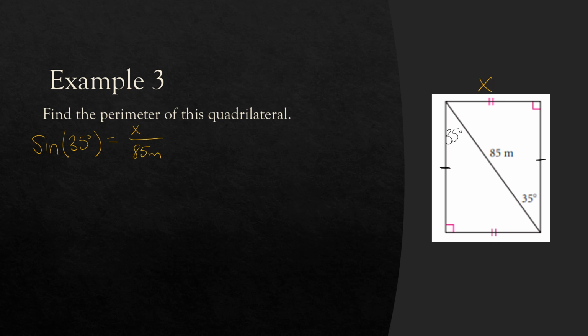So remember to set this up in our calculator, put in 85 meters times sine of 35 degrees, and we'll get what x is equal to. We'll say 48.75, and we can go ahead and label it in meters. The sine of 35 degrees, that ratio, that decimal, has no units. So if I multiply no units number times 85 meters, then my units are going to be meters.